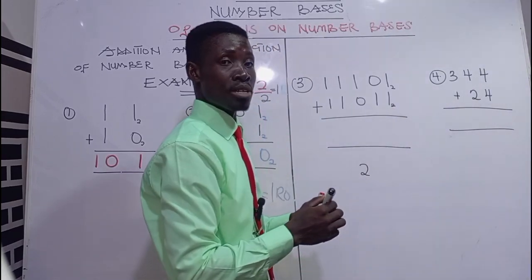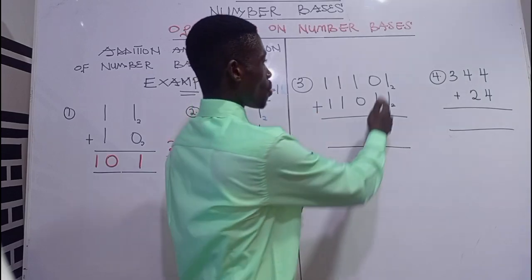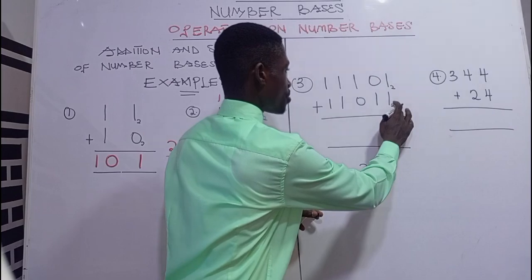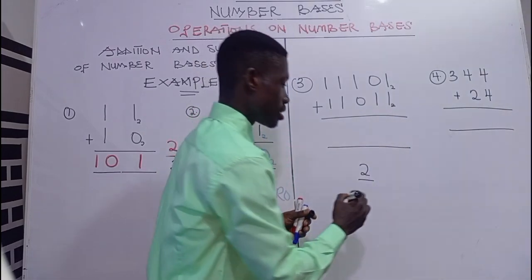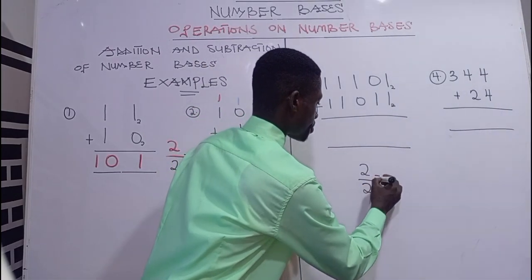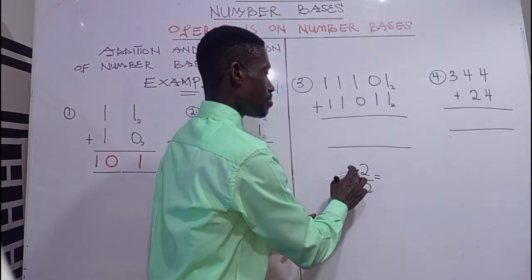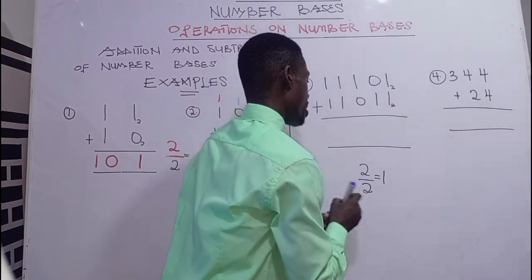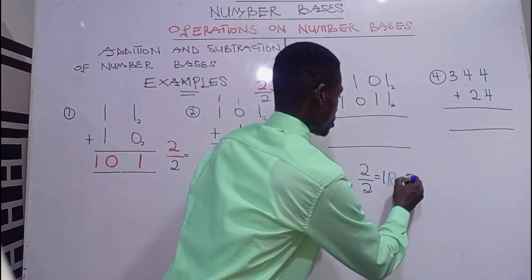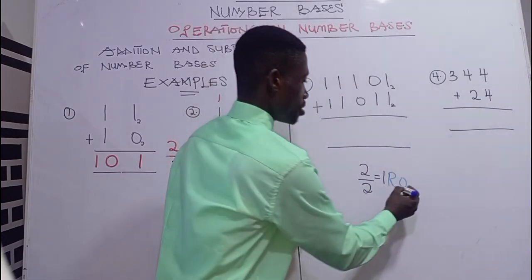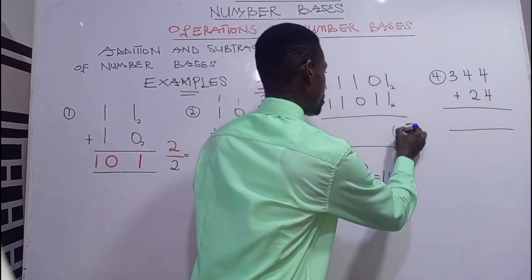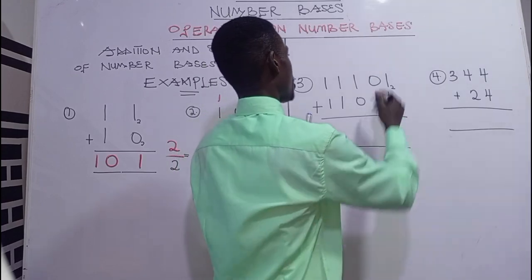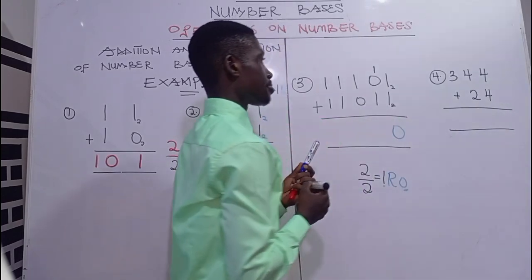The highest digit in base 2 is 1. So 1 plus 1 will give us 2, so we divide it by the base in which we are working in. And that base is what? In base 2. So 2 divided by 2 will give us 1, remainder what? 0. So we are going to write this remainder here, and then we carry the quotient to the next number, which is this one.